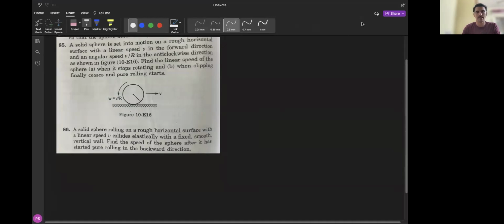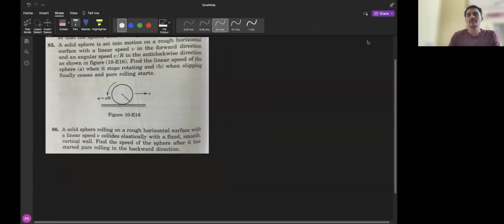See, usually when it starts to move in the initial stage, actually it is rotating in the anti-clockwise direction and it is moving in the forward direction. Yes or no? It is moving in the forward direction. But after that, what is happening?